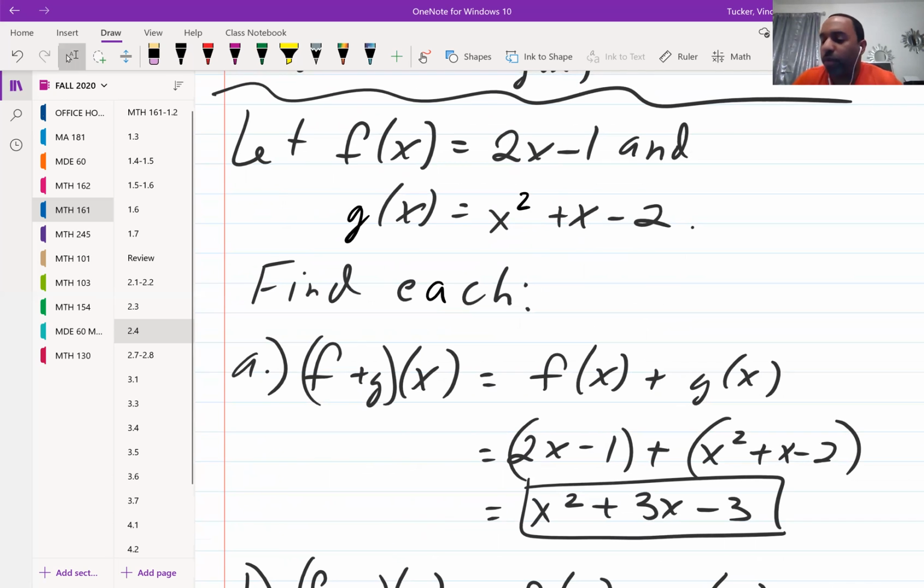So the first one, f plus g of x, all that is adding our two functions together. So we have 2x minus 1 plus x squared plus x minus 2. Basically all we would do is combine our like terms. So that'll be x squared as our first term because nothing can add to that. Then 2x plus x, which is 3x. Then negative 1 plus negative 2, that'll be negative 3.